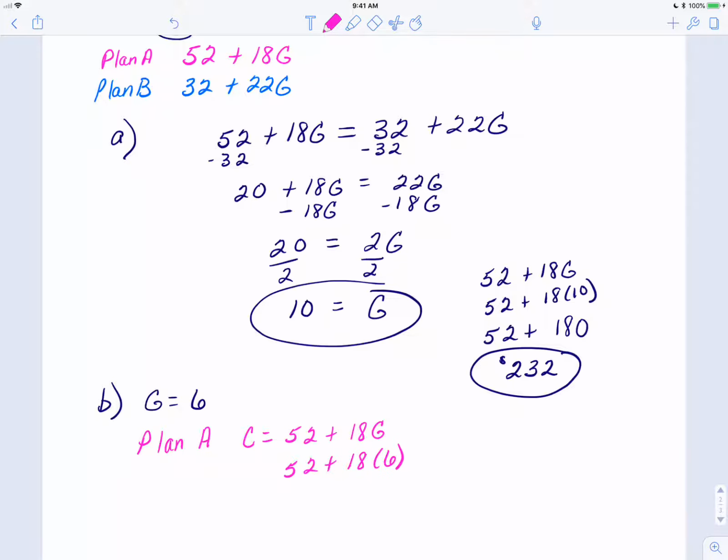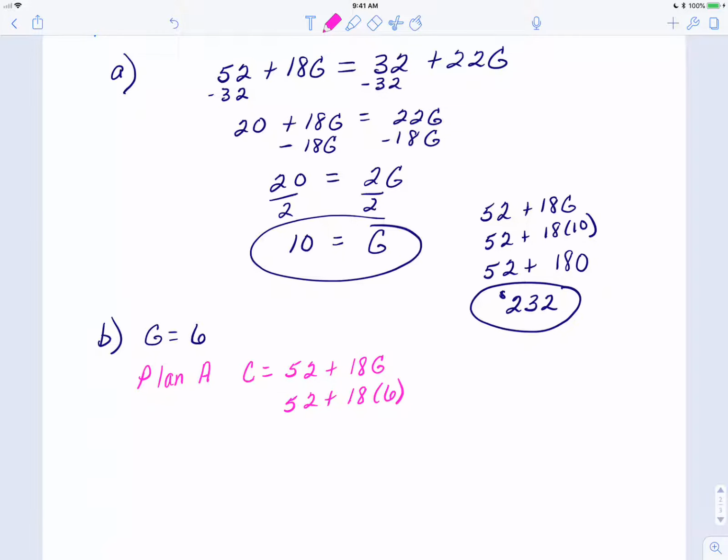So we're putting 6 in for G. Well, 18 times 6 is 108. So that gives us 52 plus 108. So the cost of plan A at 6 gigabytes is $160.